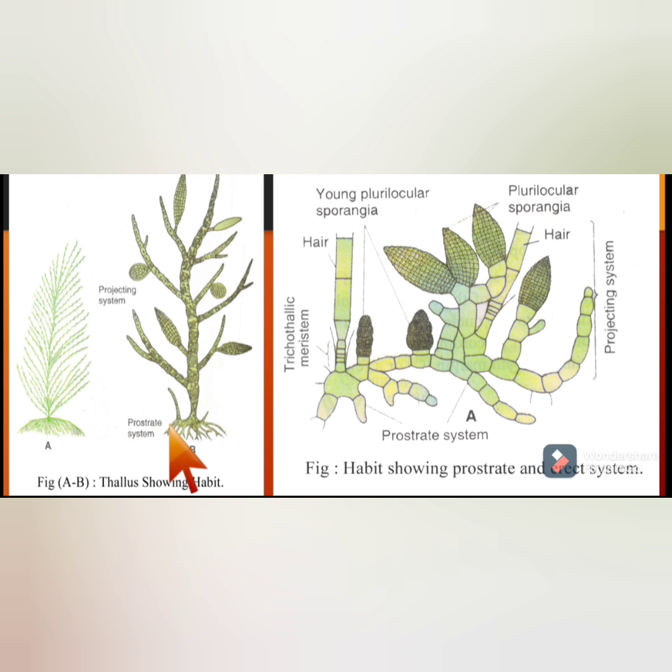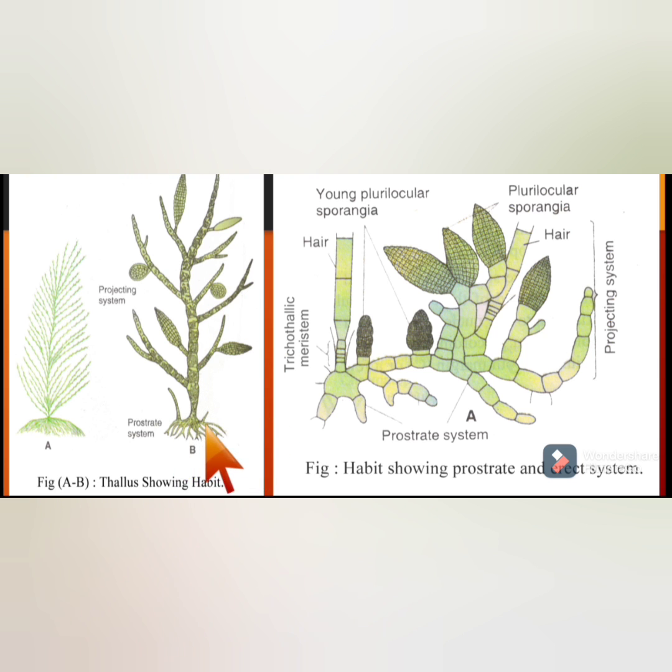Now the prostrate system here is creeping, and it is also branched. So the thallus remains attached to the substratum with the help of this prostrate system, which acts as a holdfast. And this system is more developed in attached forms.